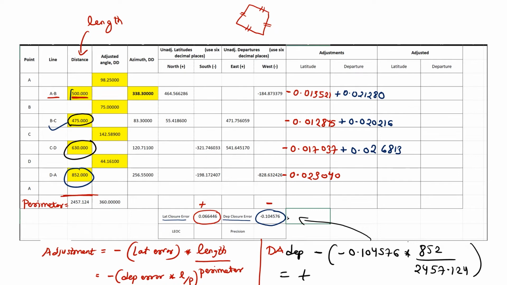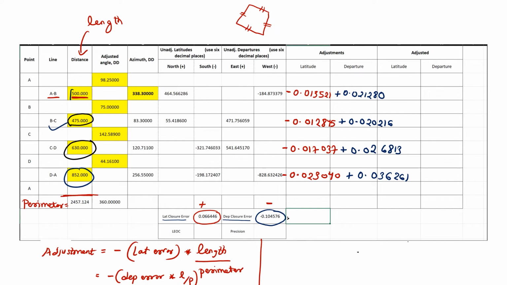Let's multiply this: 0.104576 times 852, divided by 2457.124, and that will give you 0.036261. So let me write down this value here, positive 0.036261.